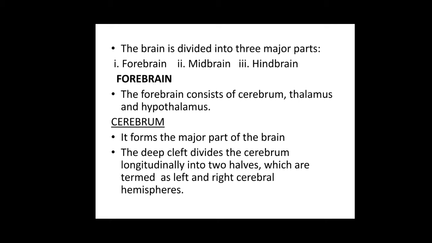The cerebrum forms the major part of the brain. It is divided by a deep cleft. A cleft means a deep division or cut, which divides the cerebrum longitudinally into two equal halves, termed the left and right cerebral hemispheres.